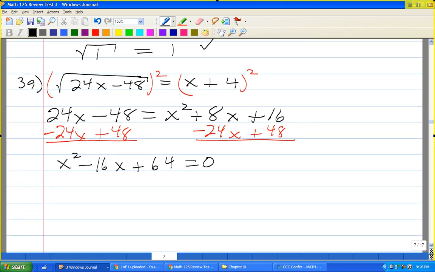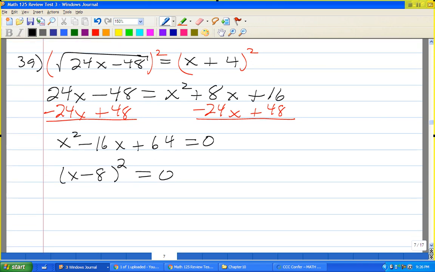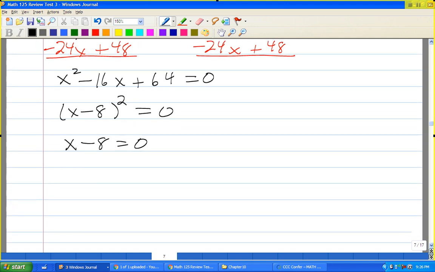So let me factor that. That's just x minus 8 times x minus 8. It's a perfect square trinomial. Set each factor to 0, so x minus 8 to 0. And so I get x is equal to 8.